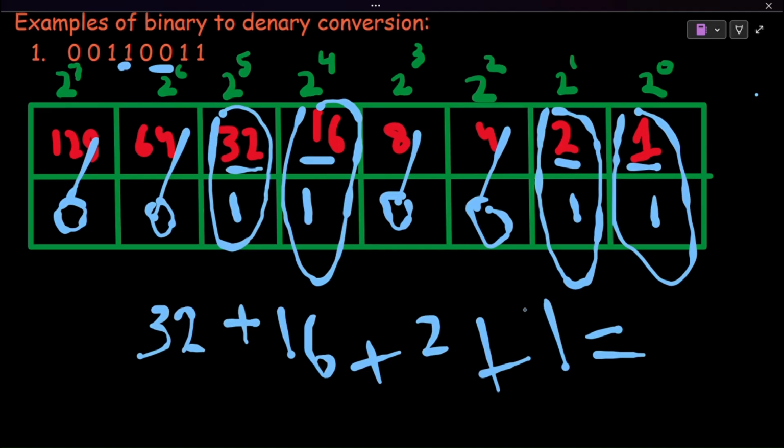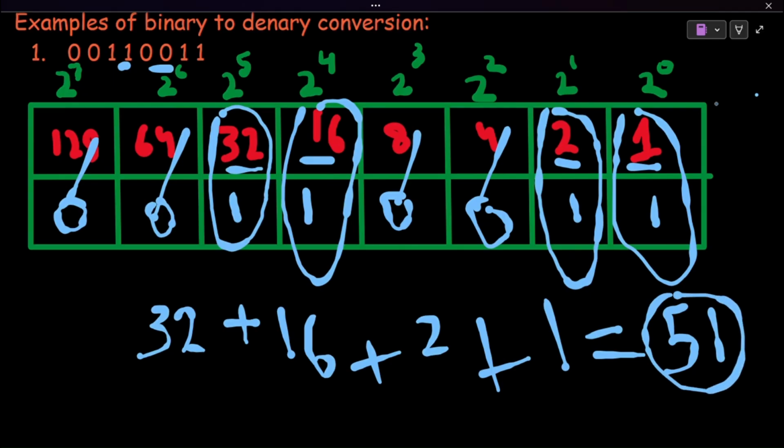Okay, so now right after adding all these numbers, we get the number 51. This means that this binary number is actually 51. Okay, so this was our first example.